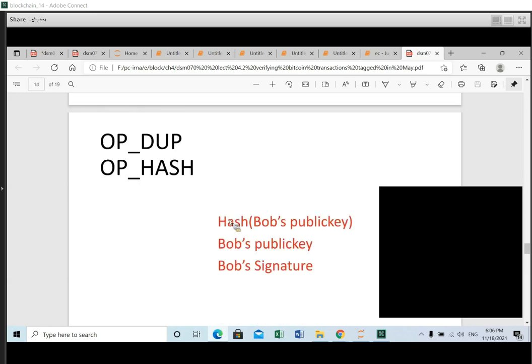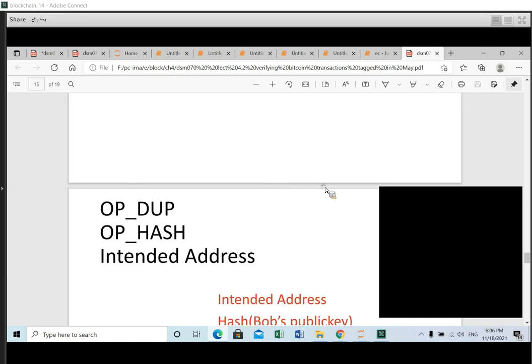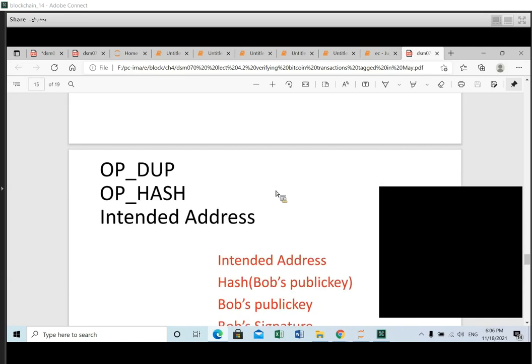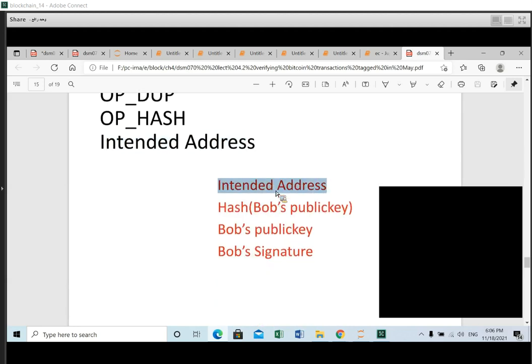After running the code, we have another public key here. The second instruction is OP_HASH. This is the address. This is what you are asking. This is the address of Bob. This is the recipient address. So we have this here. Then the intended address will be pushed onto the stack.